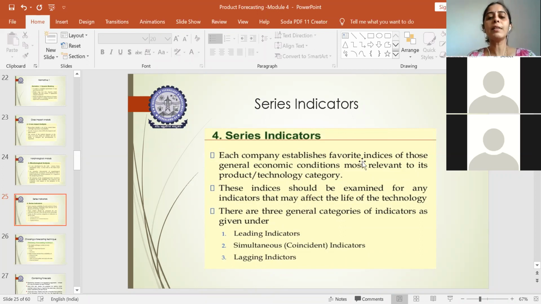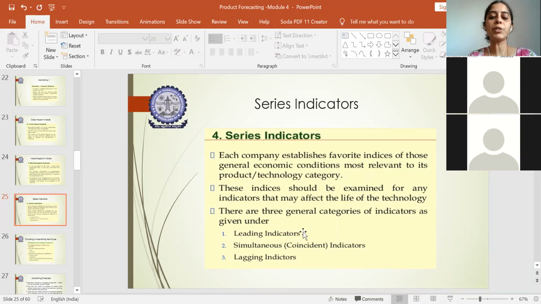In this series indicator, there are three general categories: leading indicators, simultaneous indicators, and lagging indicators. For leading indicators, the leading people related to this particular product and technology, all their data will be grabbed. Those who are in the same role as you are in the current situation, their data will be grabbed. And those who are lagging related to the product and technology you are using, their data will also be grabbed.